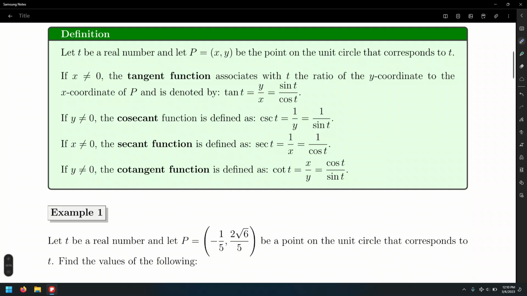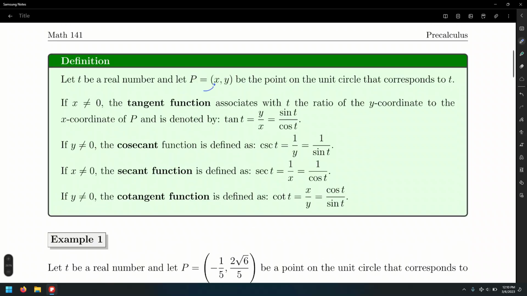So we already defined sine and cosine, for which cosine t equals x and sine t equals y. Those are the 2 freebies. Every time we're given an ordered pair, we are already given 2 trigonometric functions, sine and cosine. We can find the tangent function by finding the ratio y over x, which is sine over cosine, an identity you may know already, but from the point of view of right triangles it's opposite over adjacent.